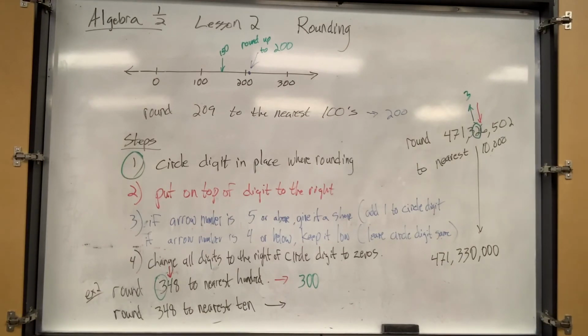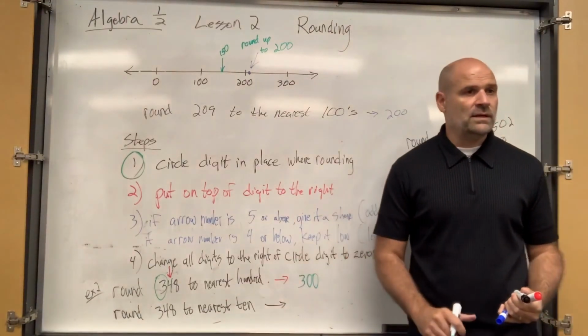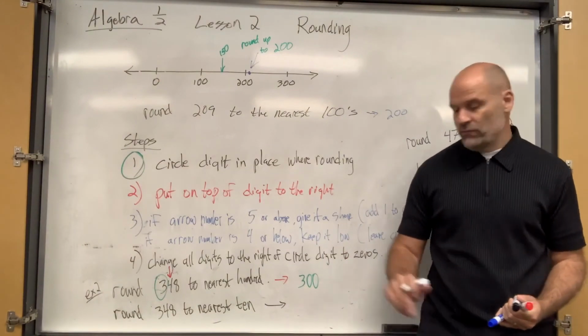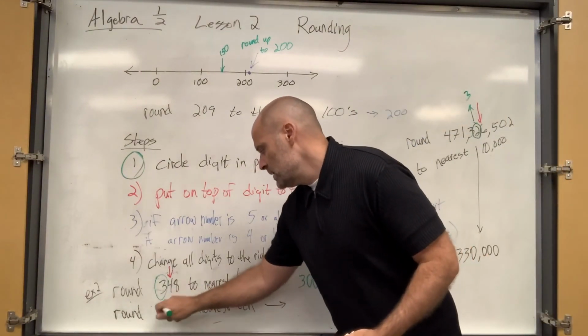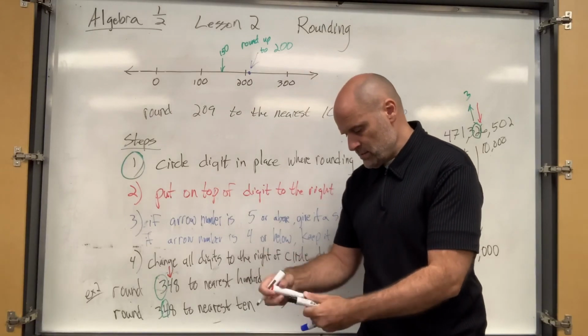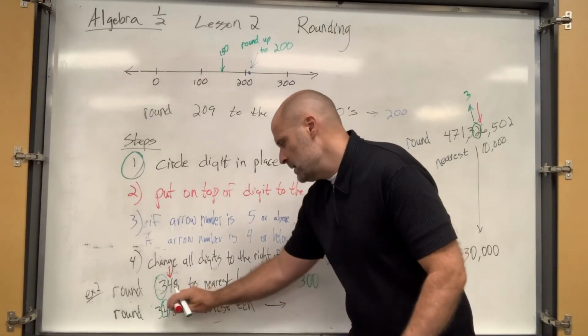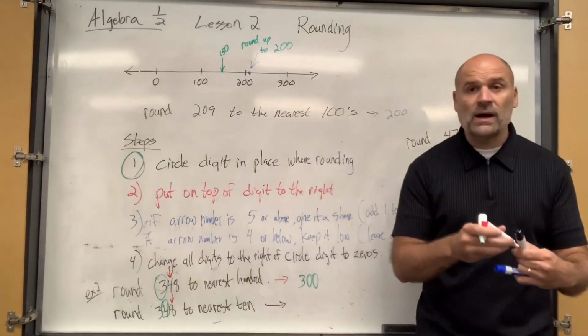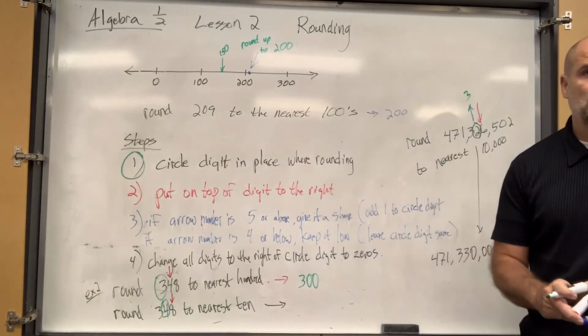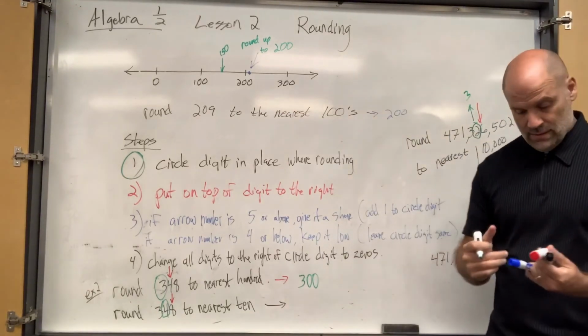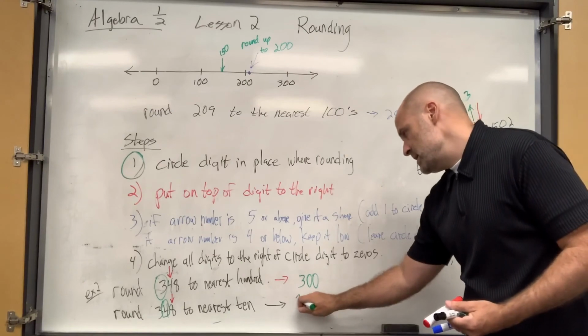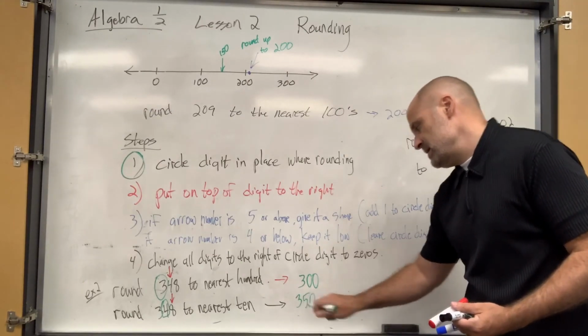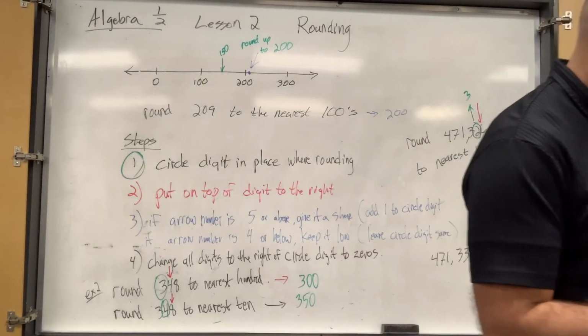So this time, which digit am I circling? The 4. So I'm going to circle the 4, and then I'm going to look immediately to the right of the 4 and put an arrow there. And that 8 tells me what to do with the 4. Bump it up to 5. So now it's a 3, 5, and then everything to the right becomes a 0.